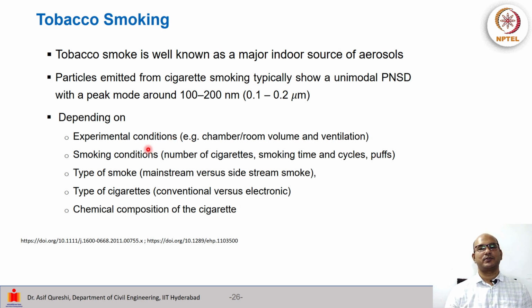It also depends on the type of smoke, mainstream versus side stream smoke, the type of cigarette, conventional cigarette versus e-cigarette, and also the chemical composition of the cigarette, which means what went into the making of the cigarette itself.